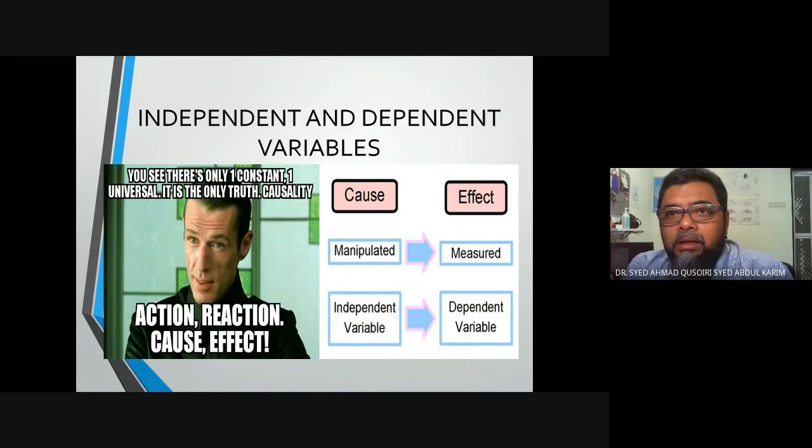In any applied research today, that's what we're trying to find. What is the cause and how does it affect?